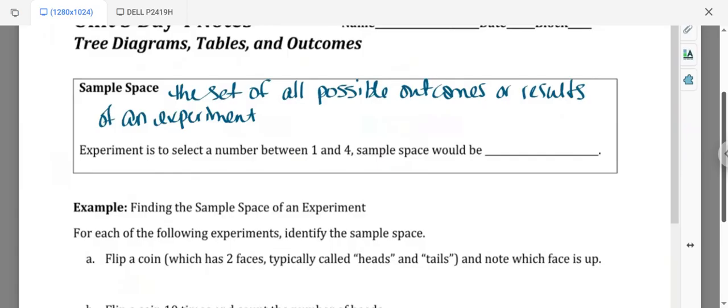So if the experiment is to select a number between 1 and 4, the sample space would be 1, 2, 3, 4. Again, we'll be using set notation to identify each of these pieces.